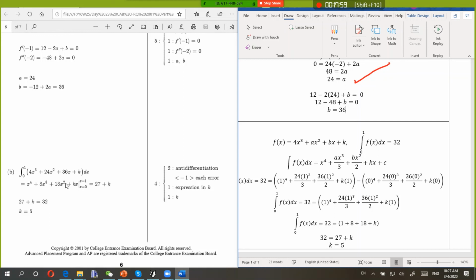So we did this in multiple steps, but that's 8x cubed and 18x squared equals 27 plus k. Okay, so that's 2 points. One for our general form, one for 27 plus k. Solves for k. This section is without calculator. Yes. Okay. So that's 4 for 4, and we should be good.